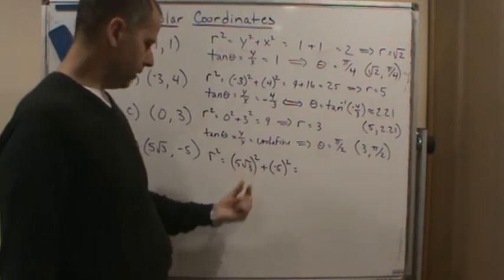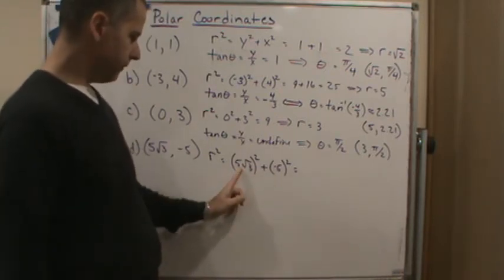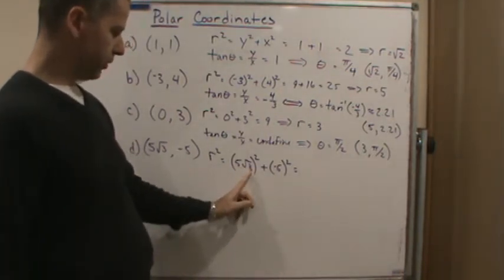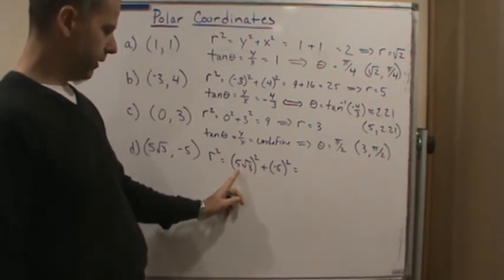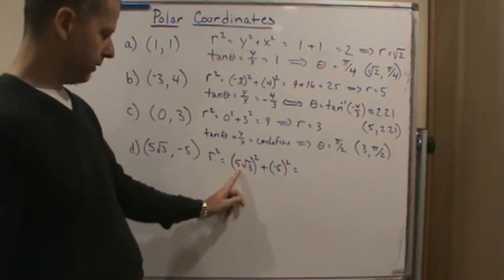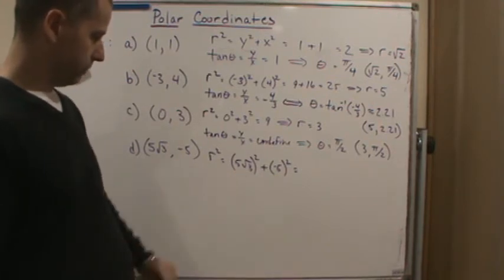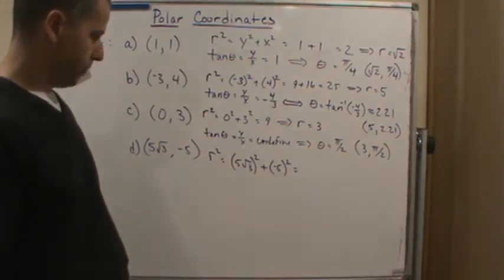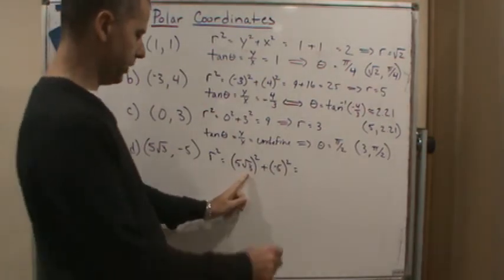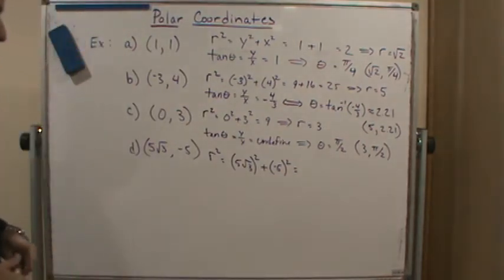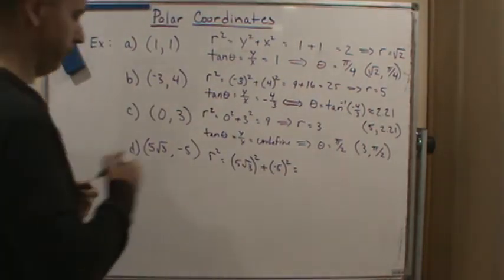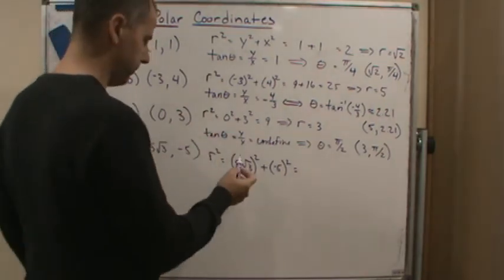Well, this is 5 times the square root of 3, right? So this is going to be 25, 5 squared, and this is going to be square root of 3 squared. How do we handle that? By using the properties of exponents, right?